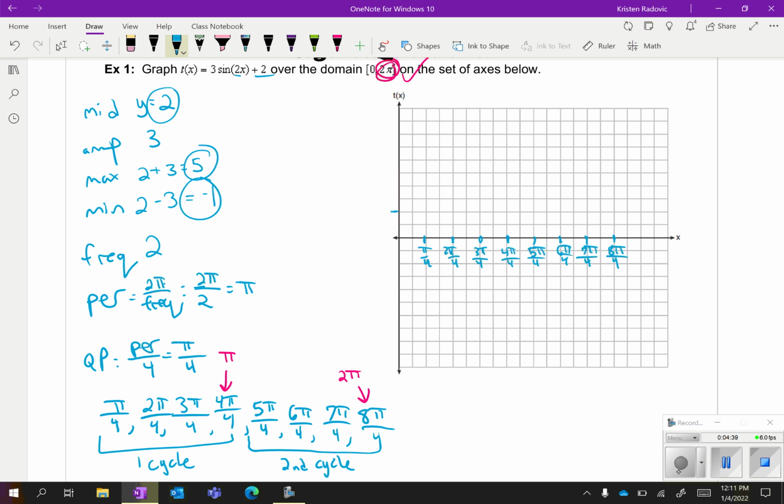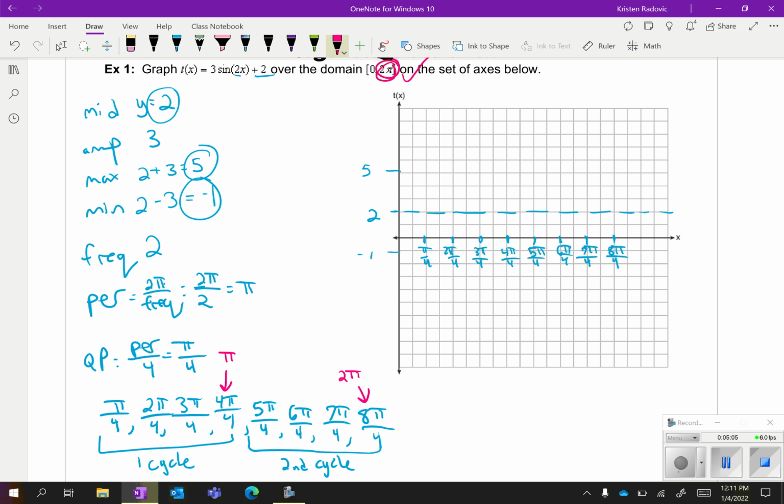So we have our midline at 2, and we are sketching out the midline for ourselves, maximum at 5, minimum at -1, and notice how there's 3 boxes between the middle and top, and 3 boxes between the middle and the bottom, which makes sense because your amplitude is 3, so everything is placed appropriately.